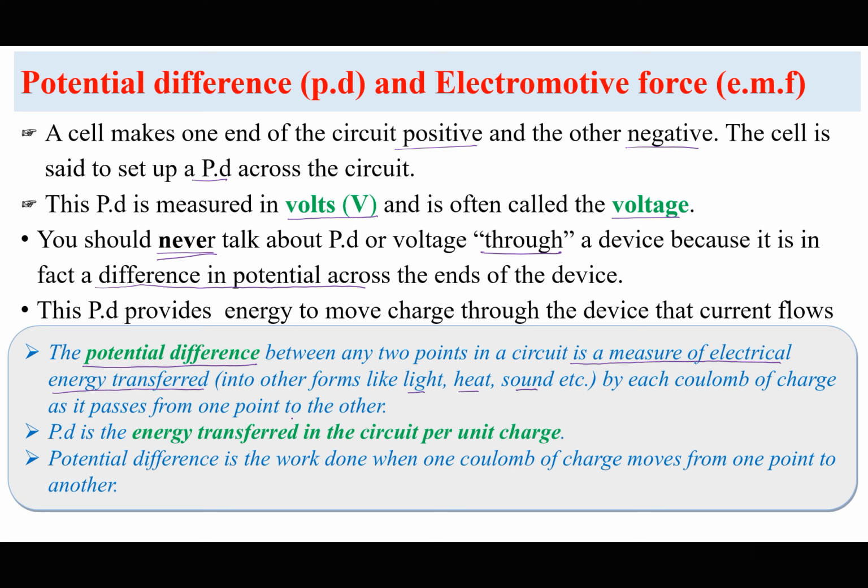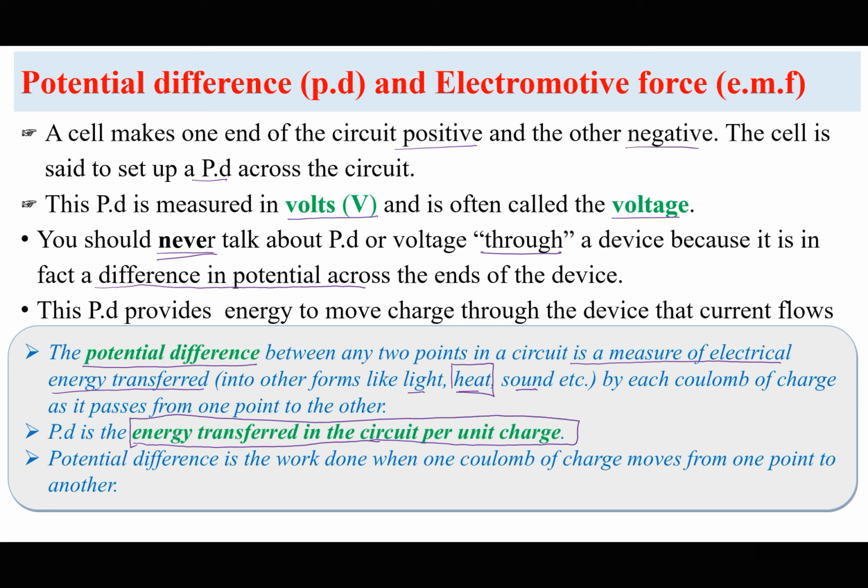Electrical energy transferred, most importantly heat, as it passes through a given component or a given device. For examination purposes, we can just define PD as the energy transferred in the circuit per unit charge.